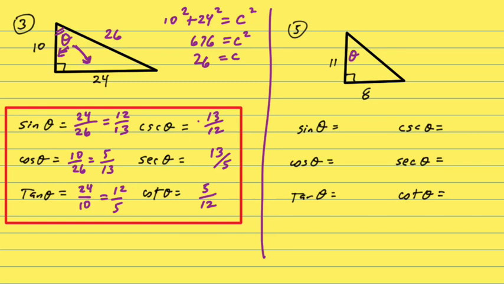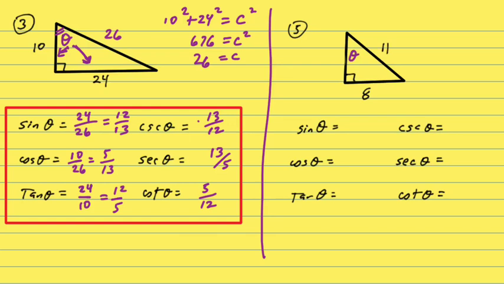Now we have to find the missing side in number 5. I have 8 squared, leg squared, plus leg squared equals hypotenuse squared. 121 plus 64, is that 175? I think no. 185? Okay, apparently I wrote this down wrong because the 11 should be the hypotenuse.